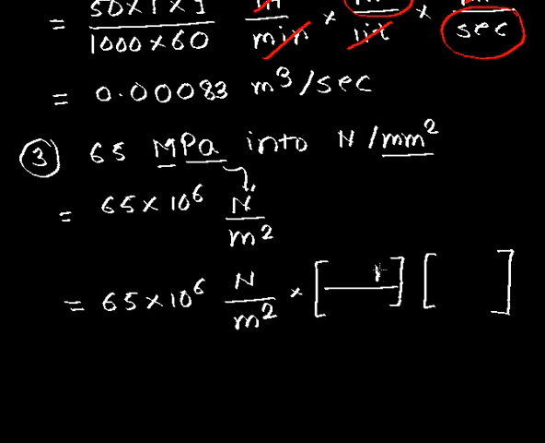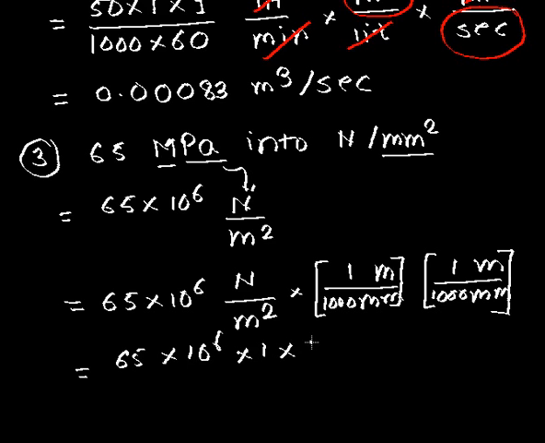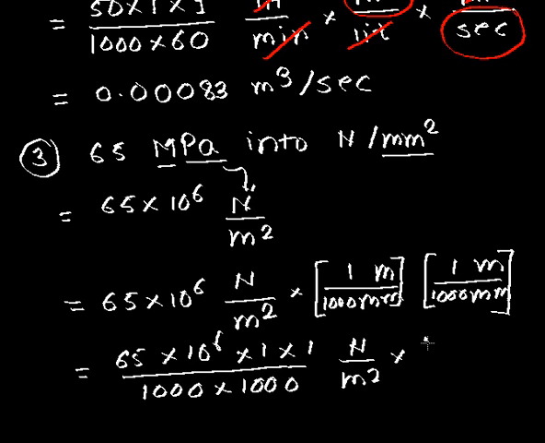The first bracket in the numerator, the second also in the numerator, and in place of meter we need millimeters. So the basic relation we know, 1 meter is equal to 1000 millimeters, in both brackets. Taking out the constants, 65 into 10 raised to 6, from the first bracket we get 1, from the second bracket we get 1, in the denominator it is 1000 into 1000, and units Newton per meter square, meter upon millimeters, meter upon again millimeters.